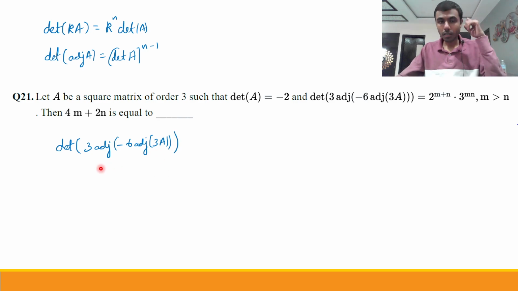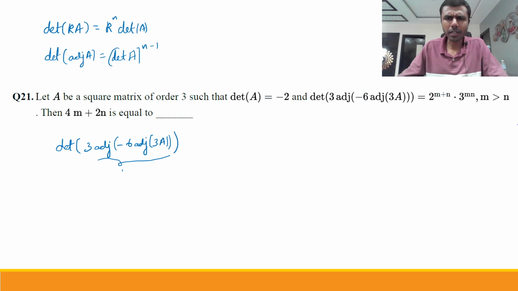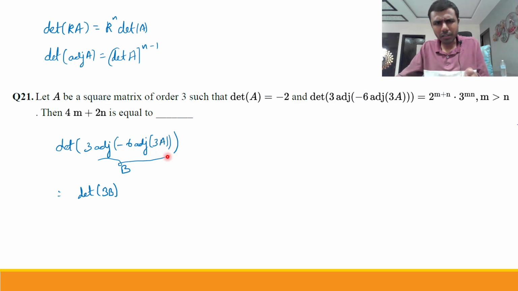Now take this inner matrix as some capital B. So my question will become det of 3B. If A's order is 3, then this matrix order will also be 3, because the adjoint of something of order 3 will be of order 3, and the adjoint of that will also be of order 3. So what will be det of 3B?